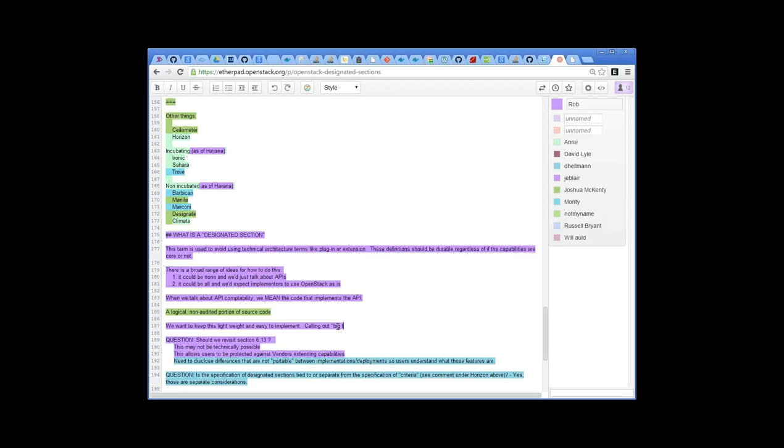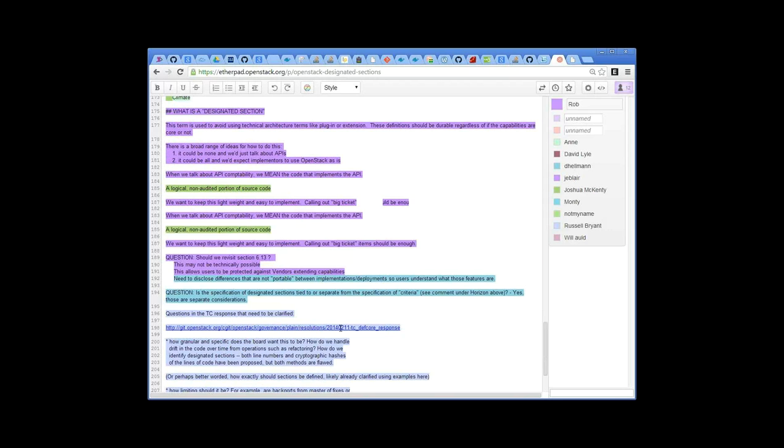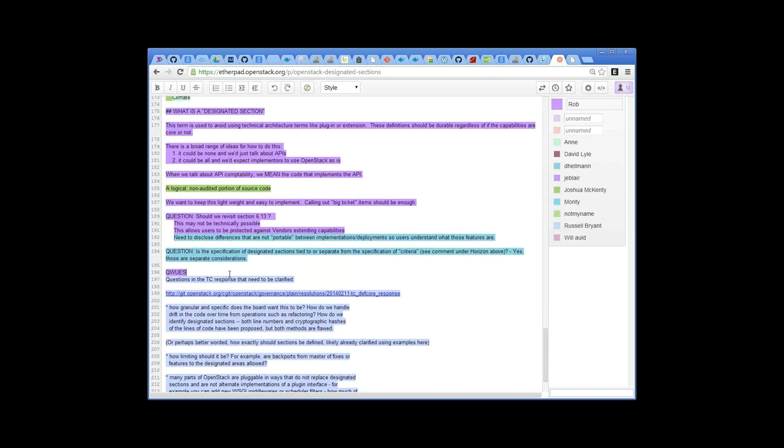Yeah, and so I guess a point of clarification, are any changes to the designated sections allowed? Backports of bug fixes, I think, is a good example. Yes, and so the goal in the core definition, and Rob, jump in here if I get this wrong. Sure. The alternate implementations.